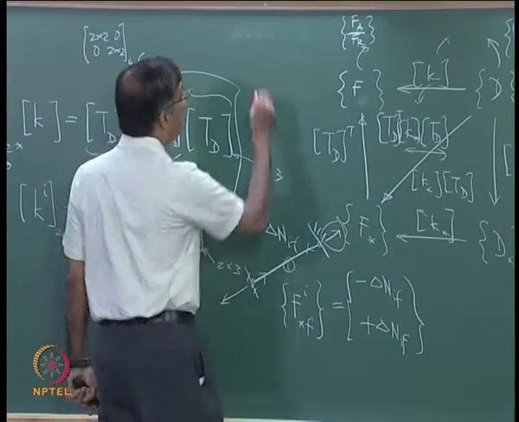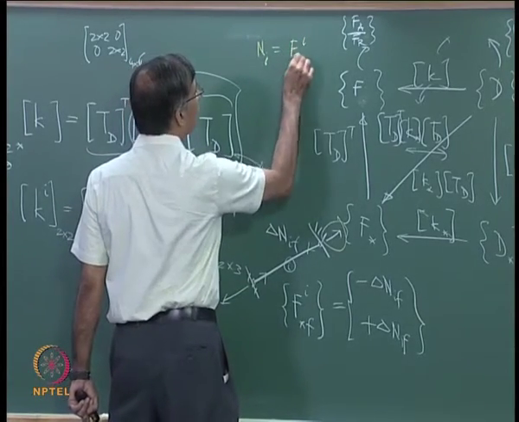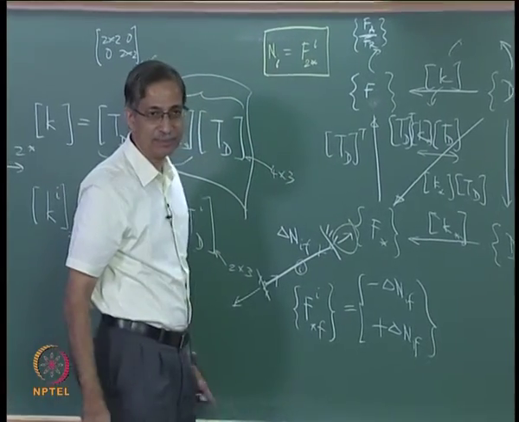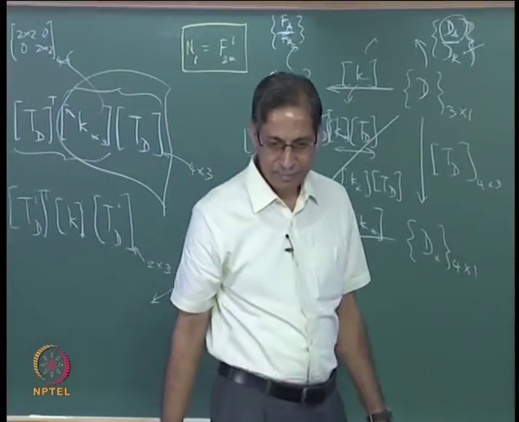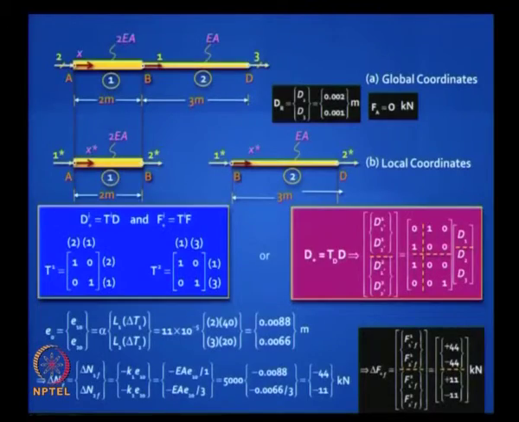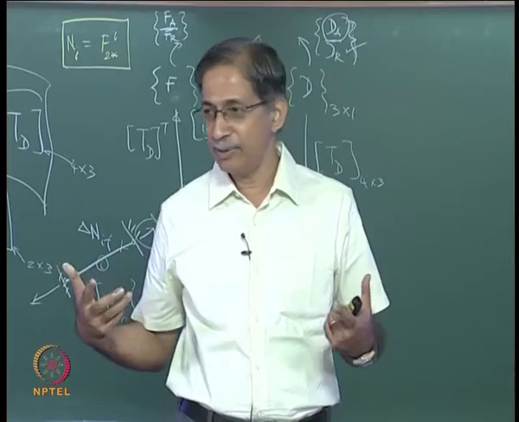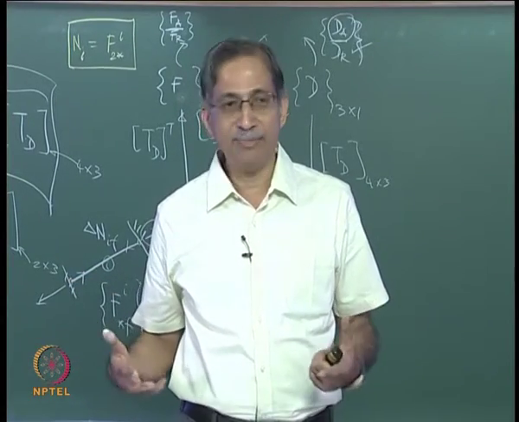So N_i in general is given by F_i 2 star, this sign will always match, clear? So here 2 star is minus, that means the actual force is negative, is this clear? So the first element has an internal force of 44 kilonewton, the second has 11 kilonewton, and both are compressive.